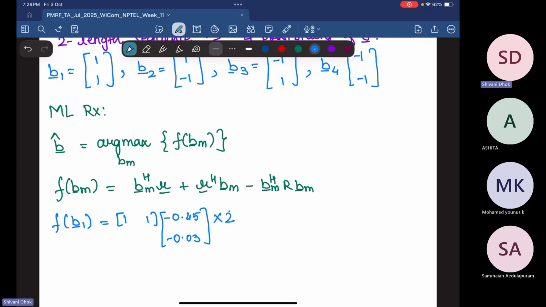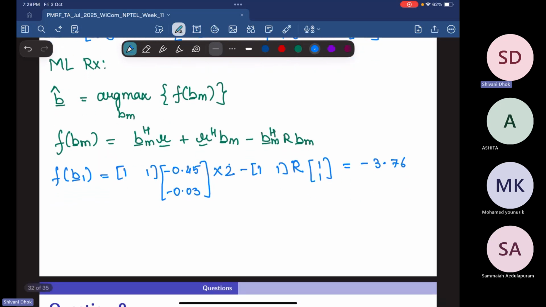So these B and R are real values, so B Hermitian R will be equal to R Hermitian B. So I can simply multiply it by 2 minus 1 1, then I have this R matrix into 1 1. And if you simplify, this comes out to be equal to -3.76.